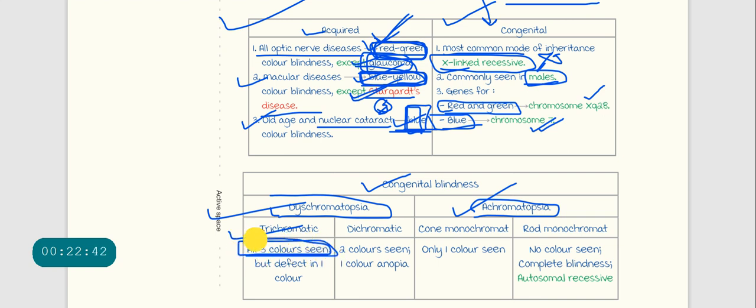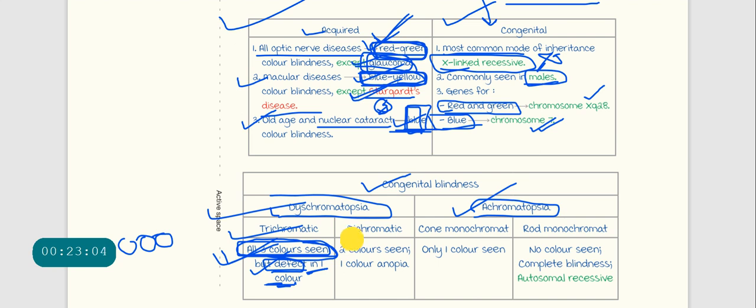He can identify all three colors, but there is a defect in one of them. Dichromatic, the name itself suggests, di means two, so two colors would be seen and one would have an anopia.